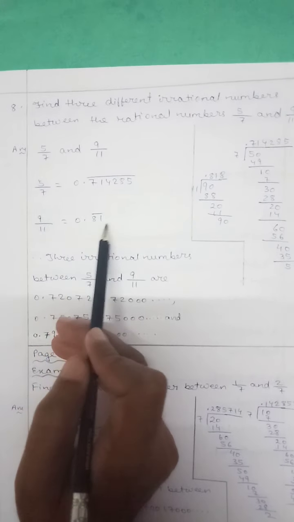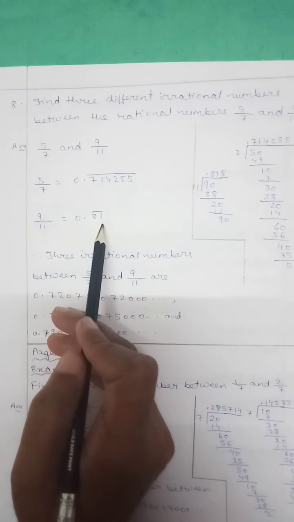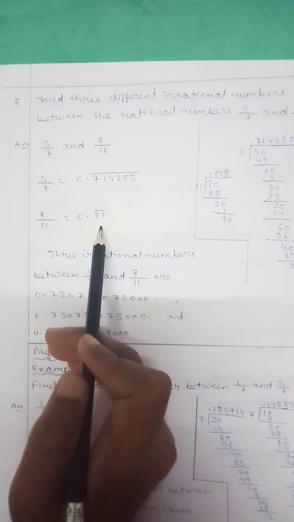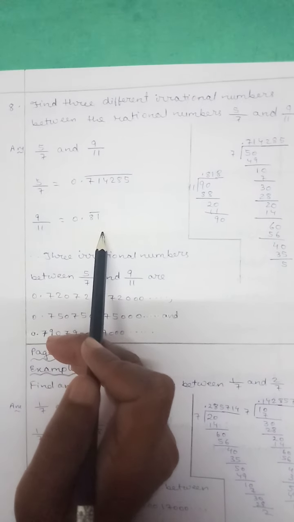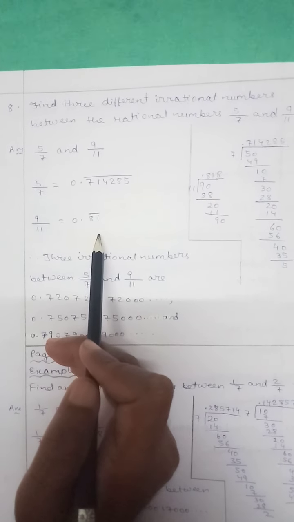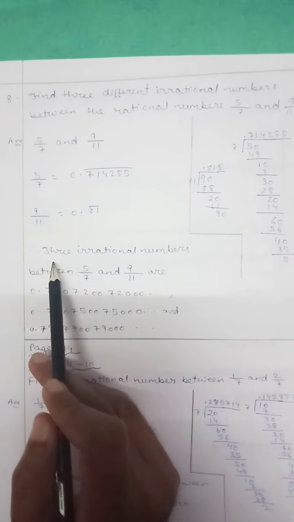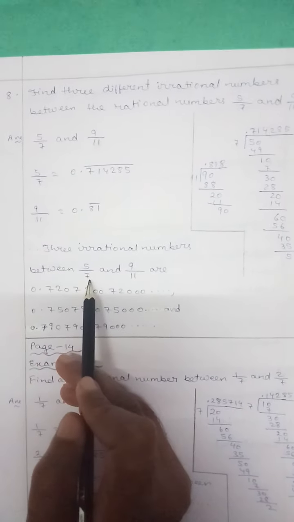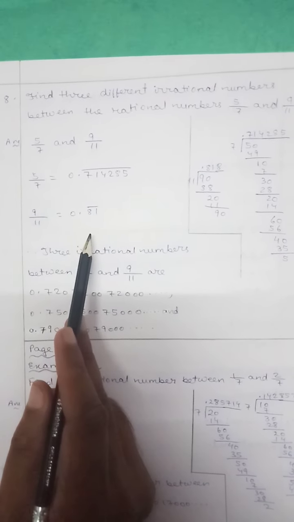Divide 9 by 11 and continue. We are getting 0.81 bar. Check the first 2 digits. Here 71, here 81. So from 71 to 81, whatever numbers are there, from that if you can make non-terminating, non-repeating decimals, then you can get 3 different irrational numbers which will lie between them. So the answer, 3 irrational numbers between 5 by 7 and 9 by 11: between 71 to 81 is my target.